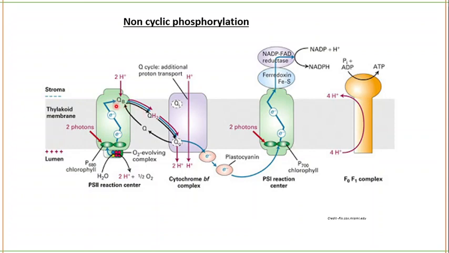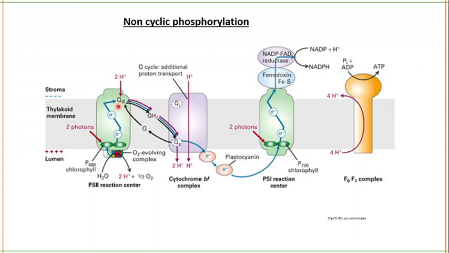After this, plastoquinone A can be reduced to only plastosemiquinone, but plastoquinone B can be fully reduced to plastoquinol. Okay, it receives 2 electrons, and along with that, it will receive 2 protons as well.